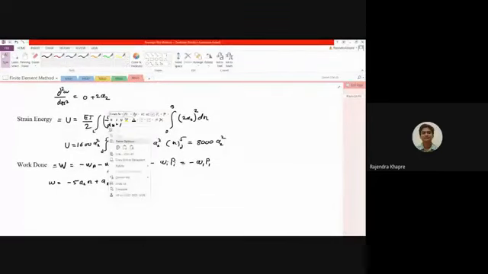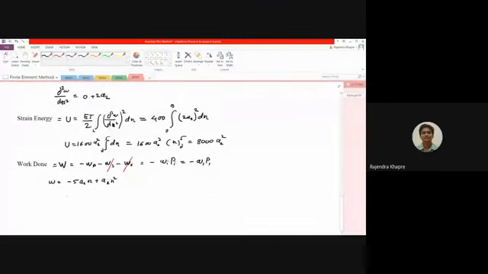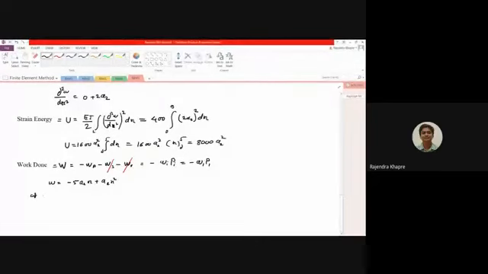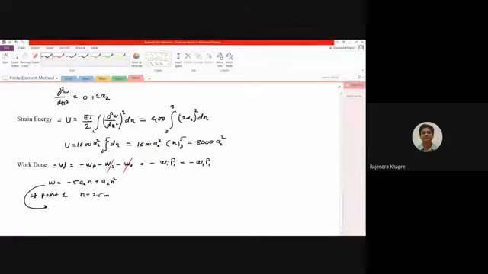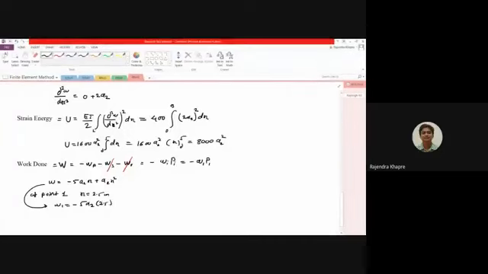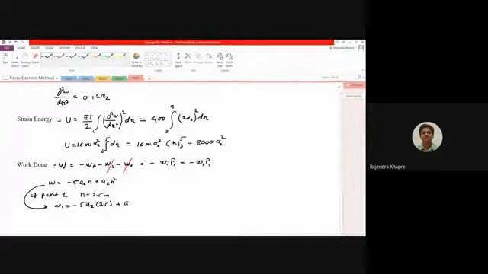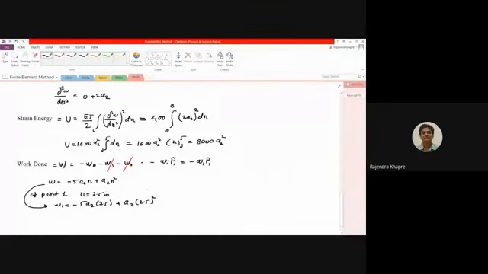At point 1, the x value is nothing but 2.5 meter. So this expression now can be written as W1 is minus 5 times A2 into 2.5, plus A2 into 2.5 square.